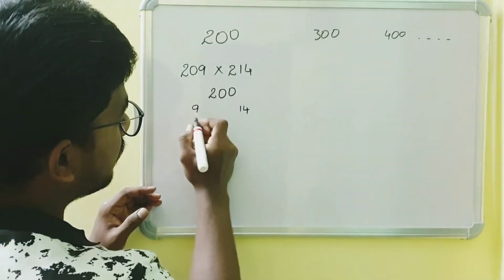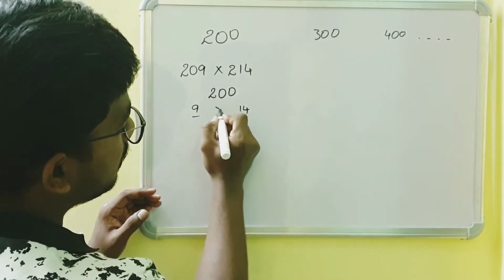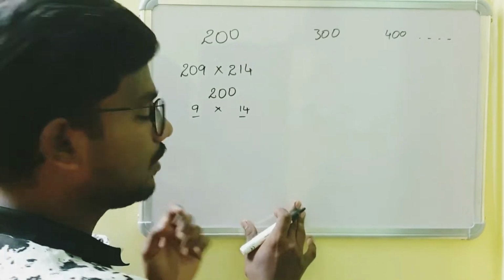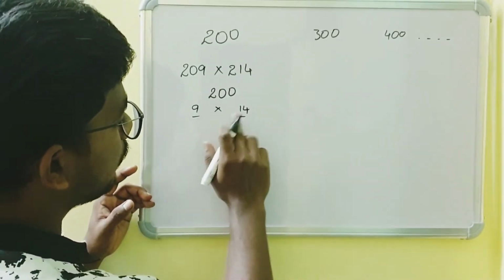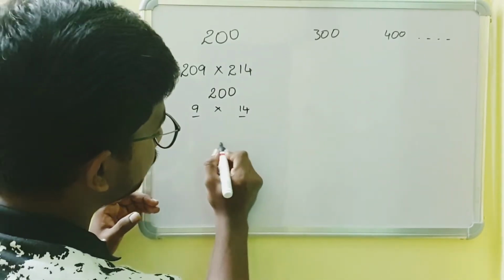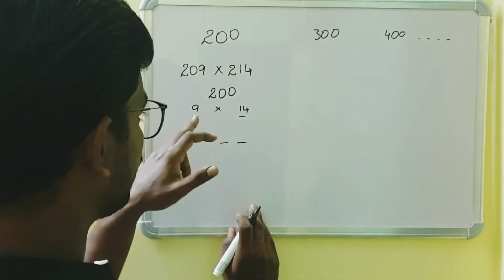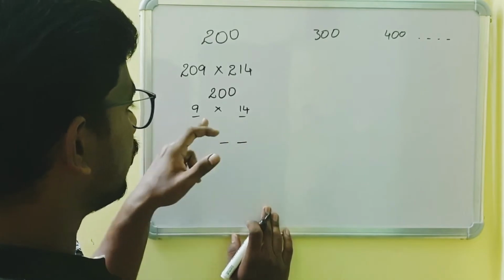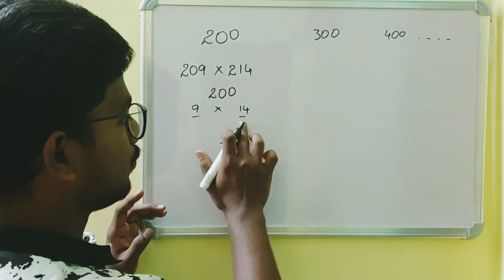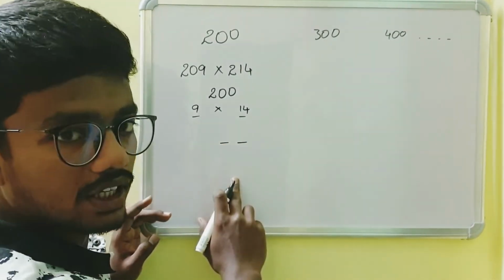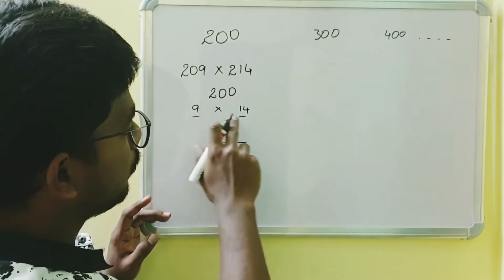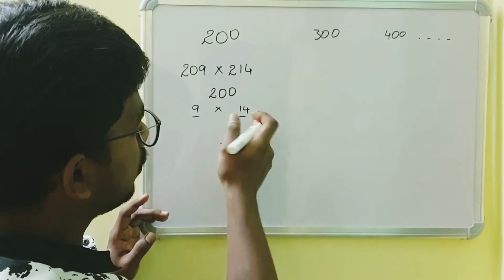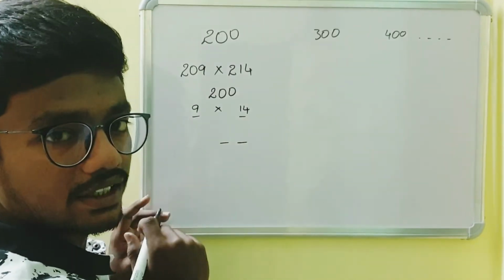After obtaining the differences, we multiply these two differences to obtain the last two digits of our required value. Multiplying 9 into 14 is a little bit difficult, so I will multiply 14 into 10, which is easier. 14 into 10 is 140, and I have to take 14 out of 140, which gives 126.